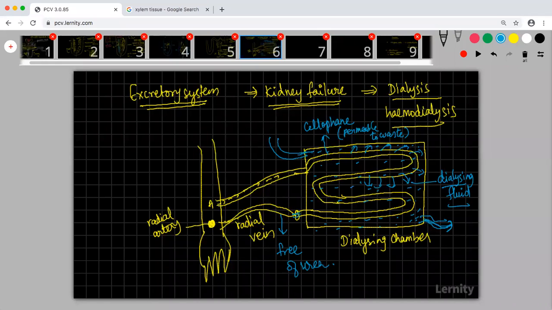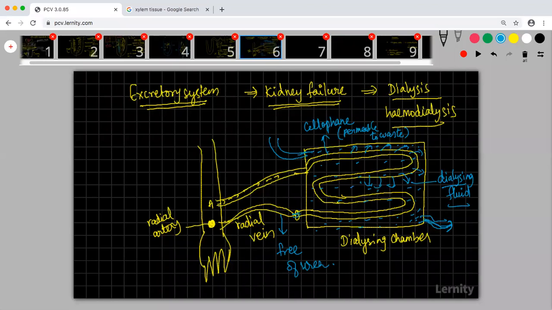Let me just tell you, the kidney is almost like a filter. Let us say that you all have a tea filter in your house. It is almost like that. You are using the same filter for a long time. What will happen to the filter at times?